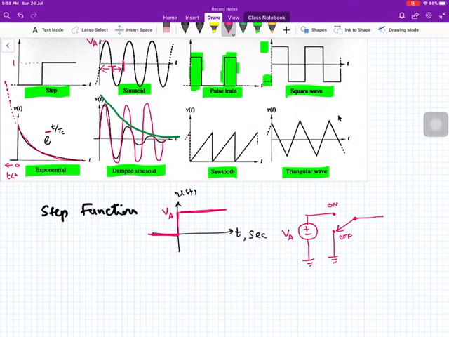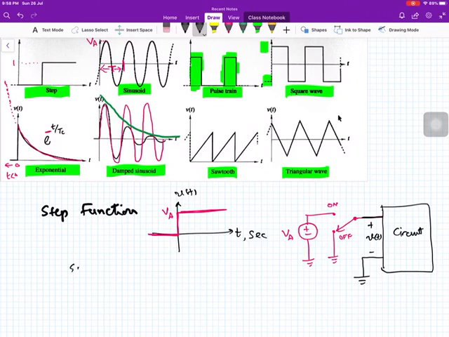And here we have some circuit, just a two-terminal circuit, and the voltage over here, say v(t).